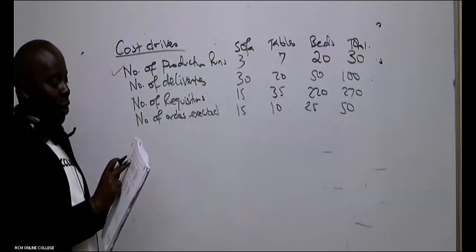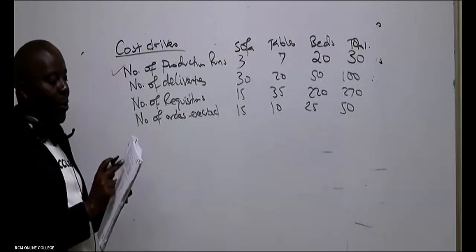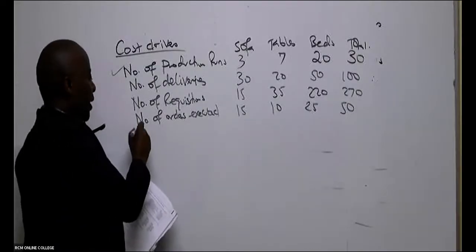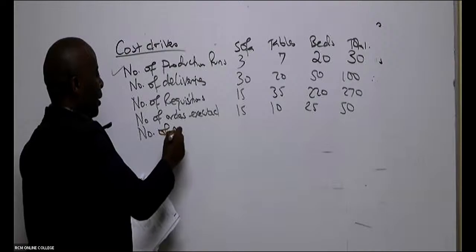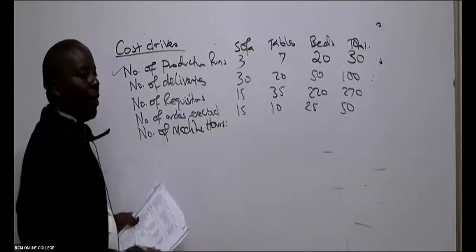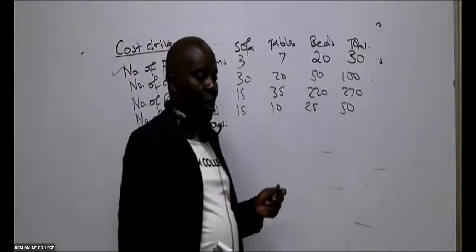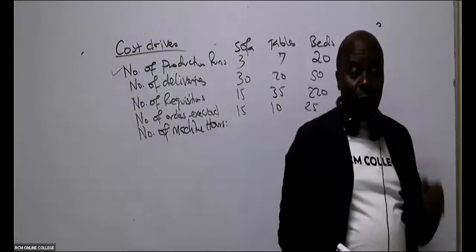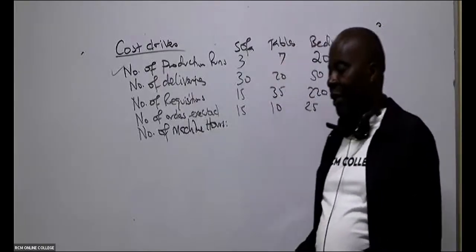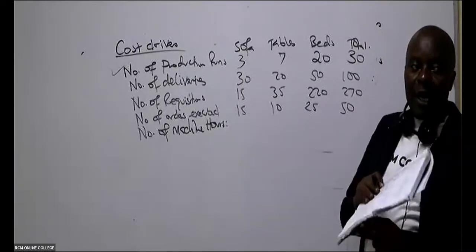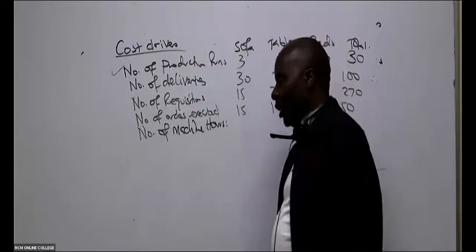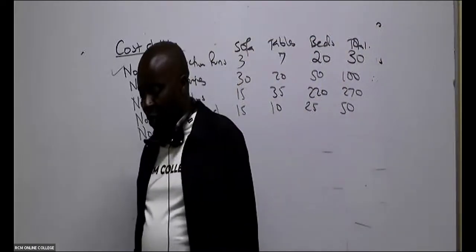The second one is machining cost. For machining cost, they want us to use number of what here? Machine hours. We don't have that here, so we must include that. Number of machine hours. So go to whichever table and give me the machine hours, because the table they have given us here doesn't have machine hours.